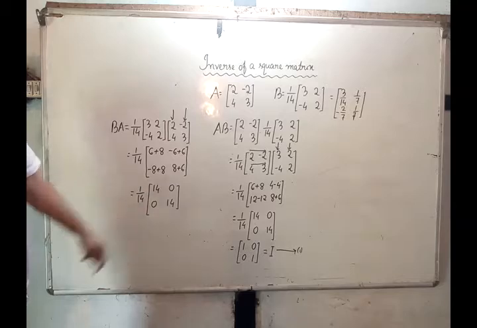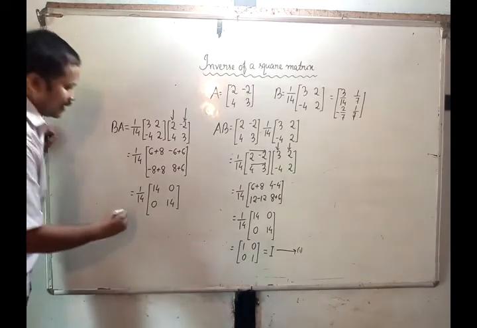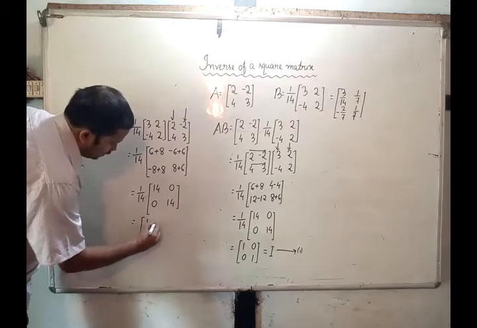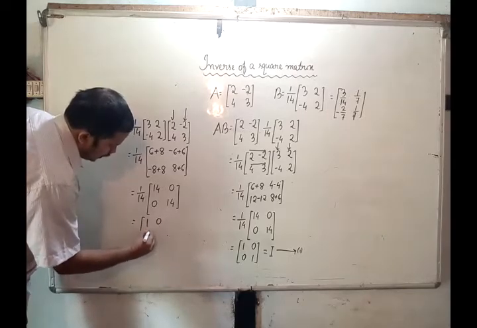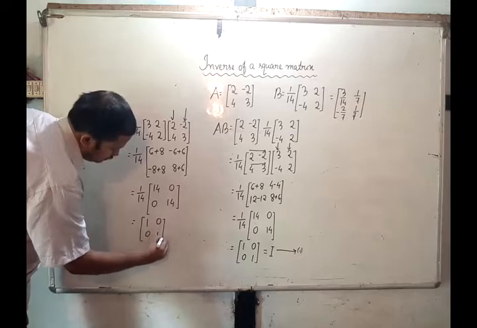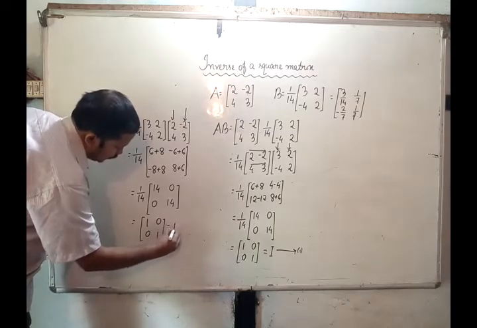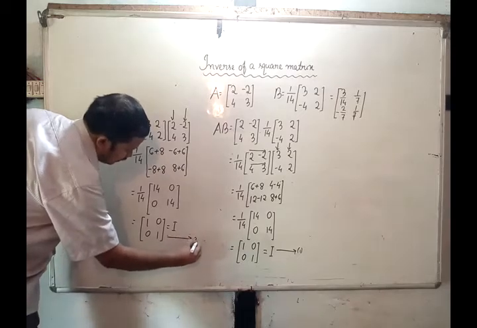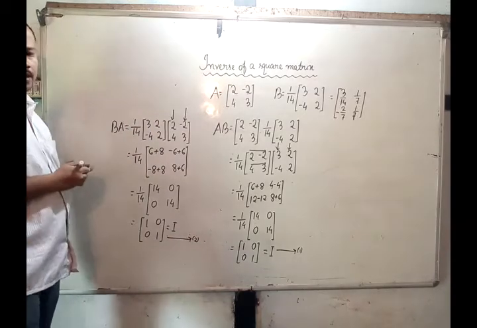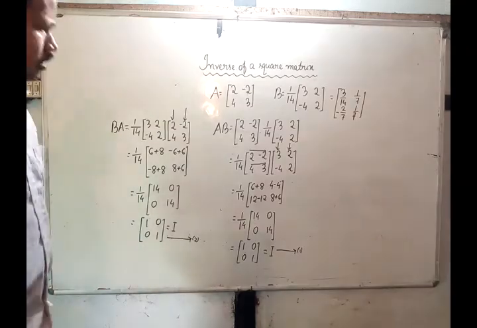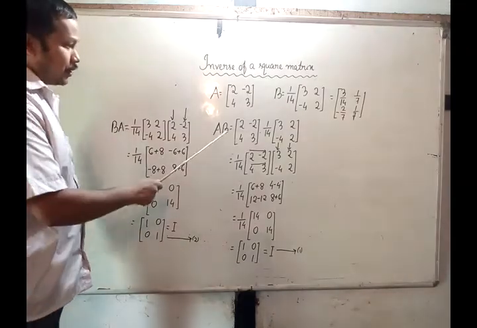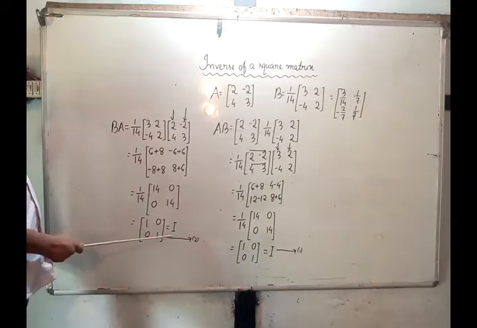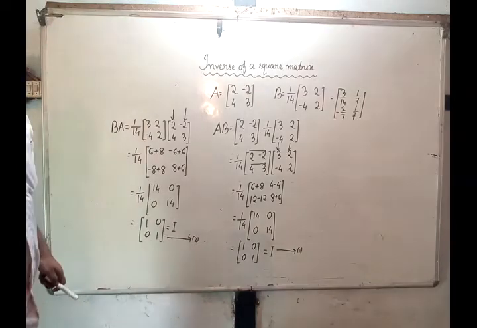Here it is equal to 1, 0, 0, 1, that equals the unit matrix I. This is number 2. Now, equation 1 is AB equal to I, and equation 2 is BA equal to I. From 1 and 2.